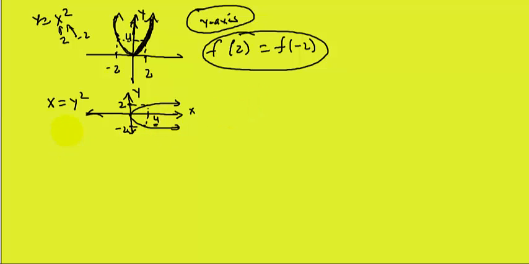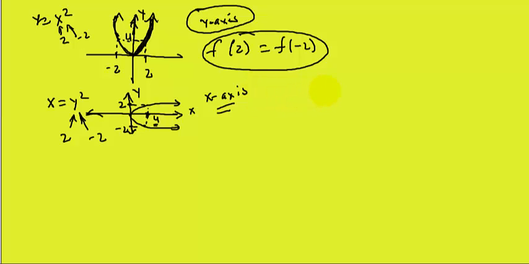So when I put in a 2 in place of the y, and when I put in -2 in place of the y, and I get the same answer for the x, then it's symmetric to the x-axis. That's an easy, quick way of checking it.